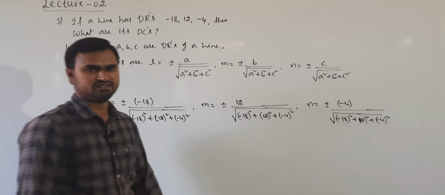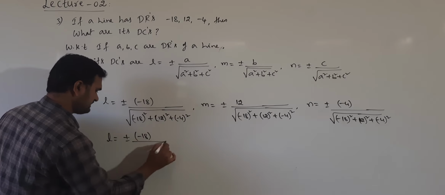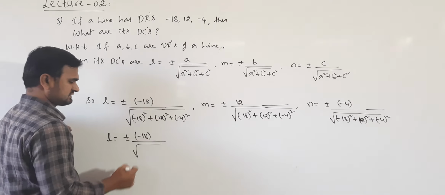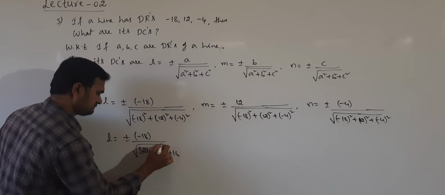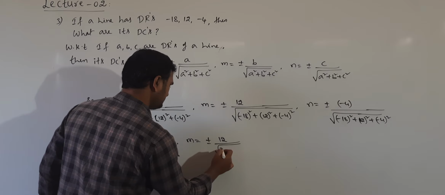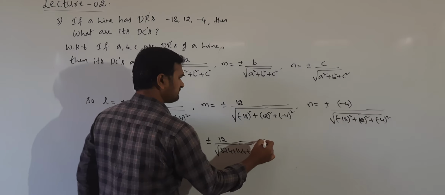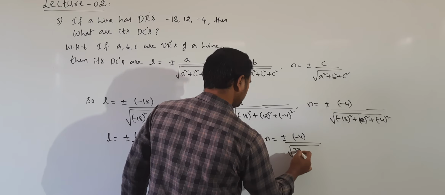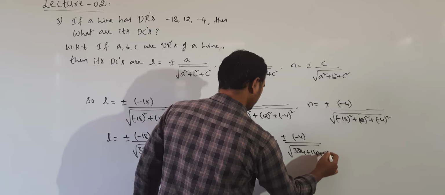Let us simplify it, we will get DCs. So L equal to plus or minus minus 18 by root of 324 plus 144 plus 16. M is plus or minus 12 by root of, again the same, 324 plus 144 plus 16. N is plus or minus minus 4 divided by root of 324 plus 144 plus 16.